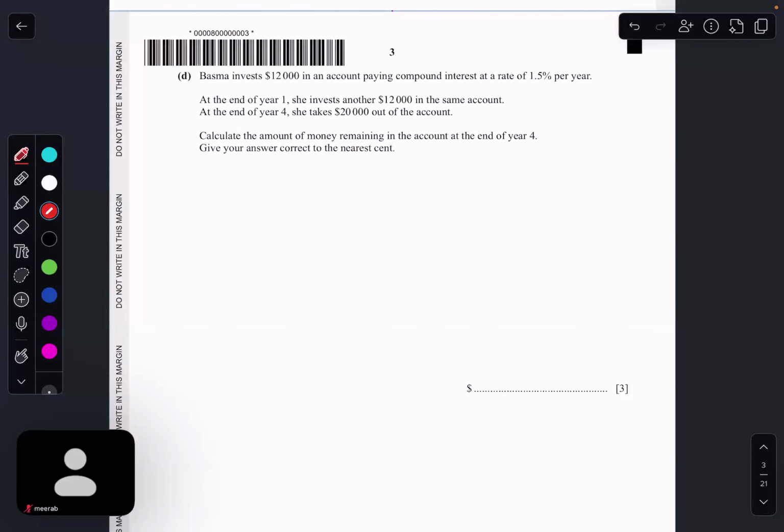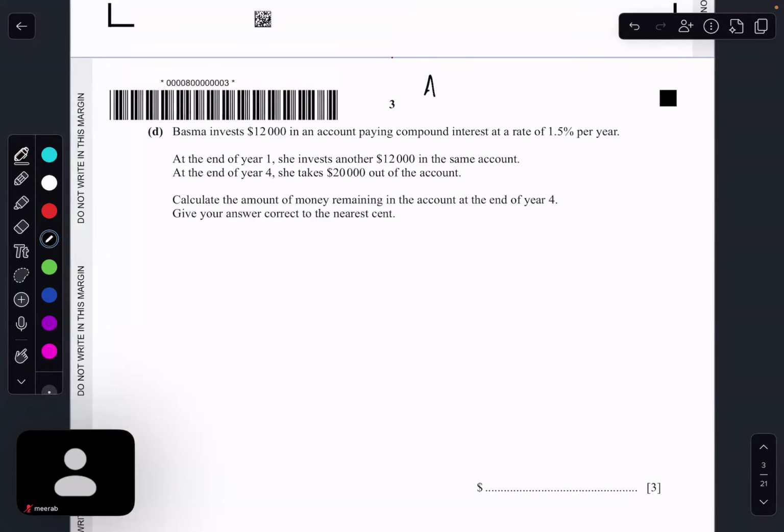B part. This over here. Basma invests $12,000 in an account paying compound interest at a rate of 1.5% per year. Okay, compound interest they're talking about. So let me write the formula for compound interest. That is A is equal to P times 1 plus R over 100 whole power n.